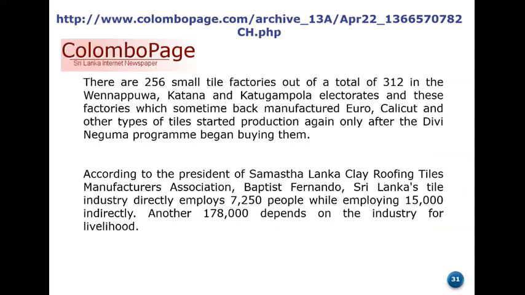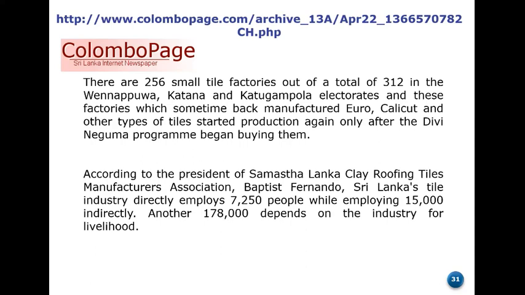There are 256 small tile factories out of a total of 212 in Venapur, Katan, and Katugampal. These factories sometime back manufactured Eurocalcite and other types of products. Under Divi Neguma they tried to do that, employing about 15,000 indirectly and 7,200 people directly.